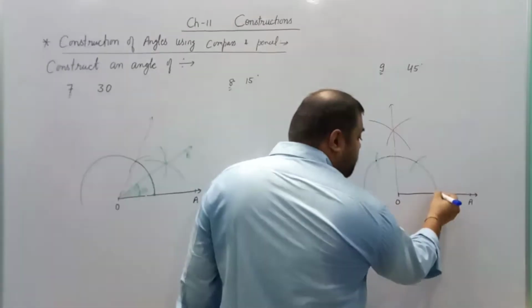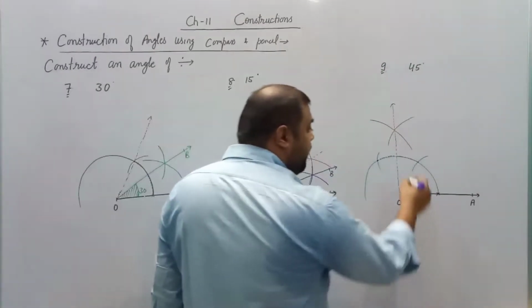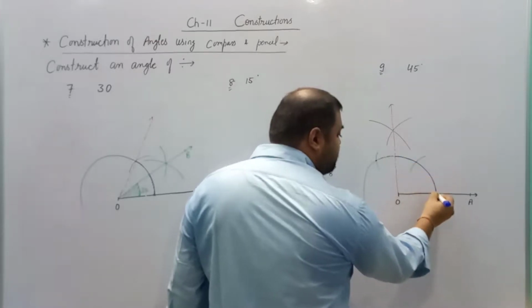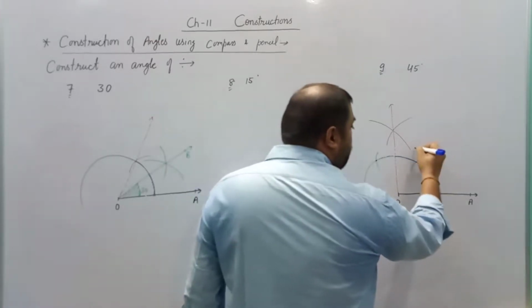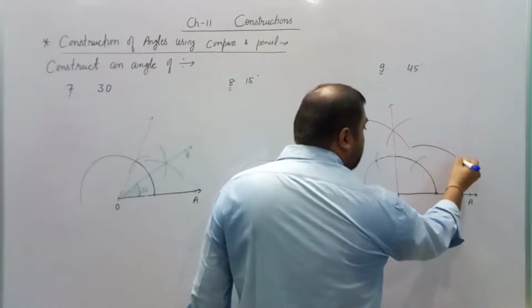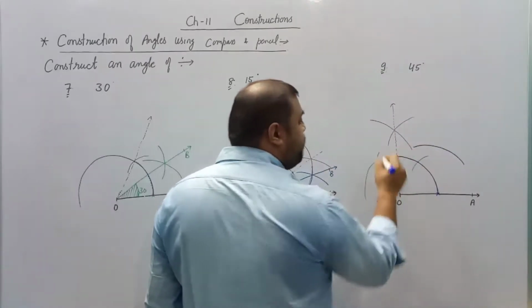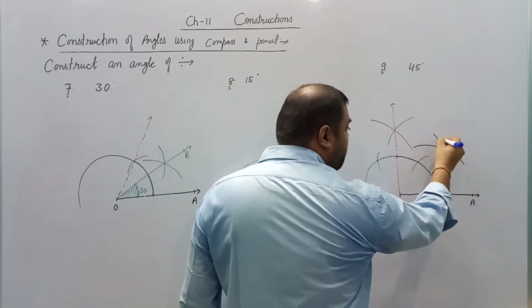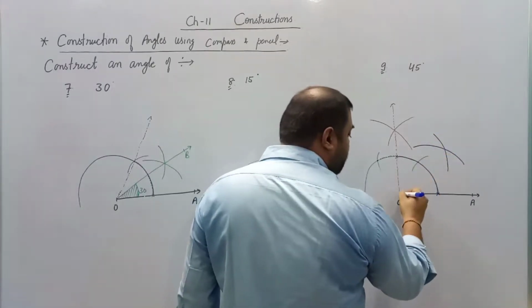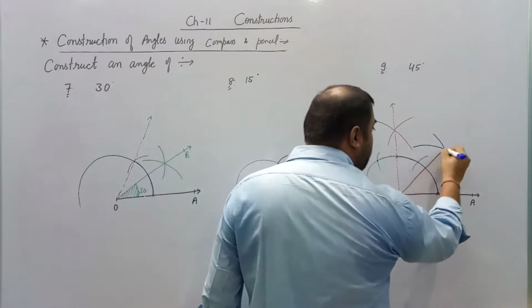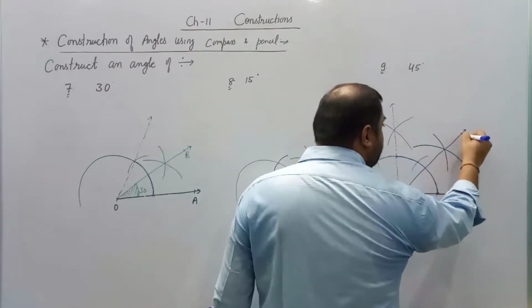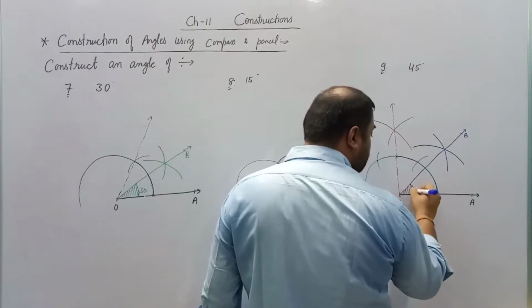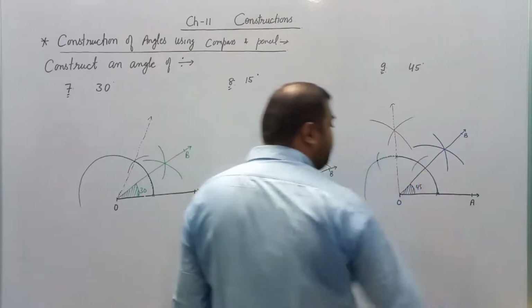Taking this point as center and more than half of this arc, draw an arc, taking this point as center and more than half of this arc, draw another arc. So this angle is 45 degrees.